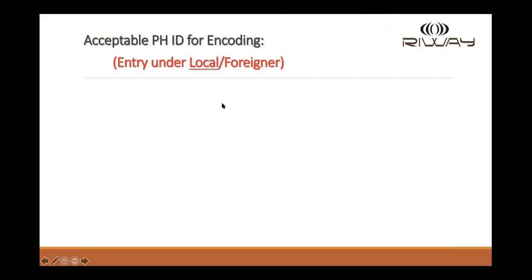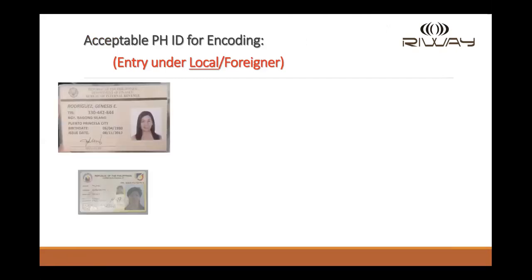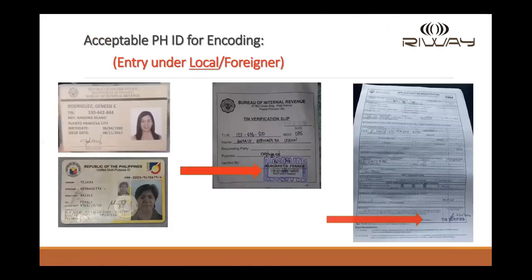Now, what is the acceptable PH ID for encoding? This is how it works. Let's take, for example, both of these are under the name of Genesis Radigo or Benedetta Tejada. Let's say they are the same people. Let's say this ID does not have a picture. It has to be supported with an ID that has her picture.